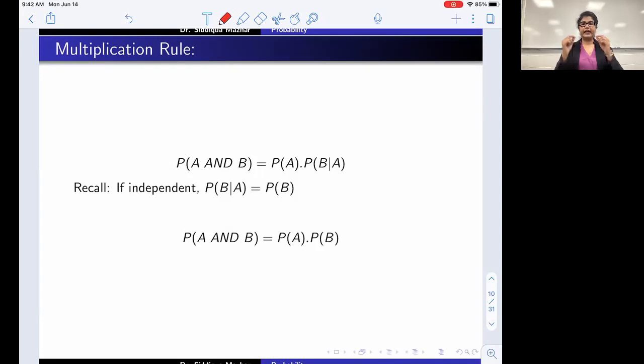We are writing it down generally: probability of A multiplied by probability of B, given that A already happened. Remember, A is our first experiment and B is our second experiment. So you have to take the product of the probability of A and the probability of finding B, given that A has happened.